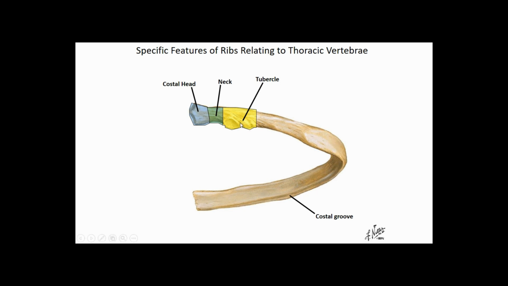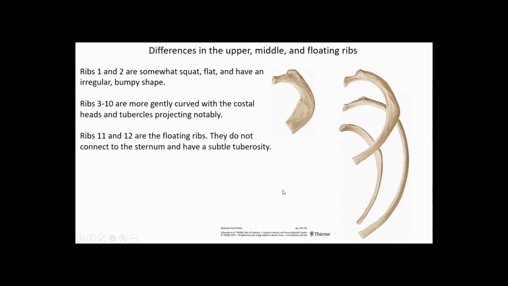On its internal or medial aspect, there's actually a groove on the medial underside or medial inferior side. That costal groove is a place where the intercostal vein, artery, and nerve tend to be stuck so that they can be protected from outside pressure. So right there, costal groove, is where you'll find those.